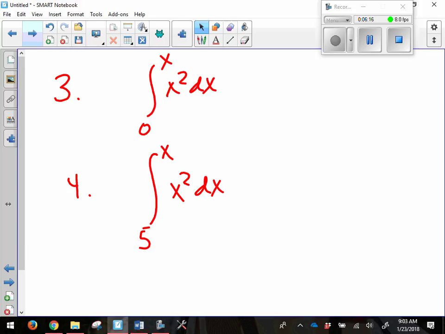And I'm going to graph it myself because I'm the teacher and I can do that. So what do you think it should be for this one?